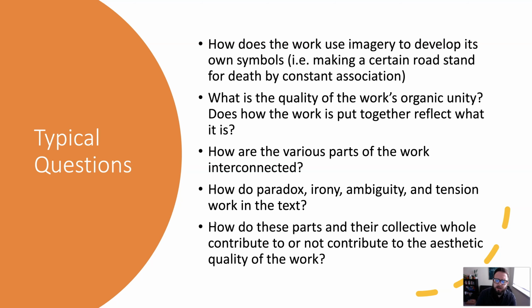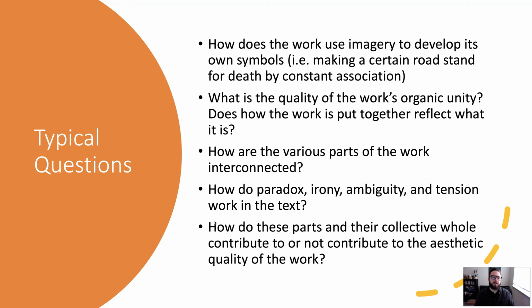So I have here a set of typical questions that the new criticism would generally tend to ask, and every time you see a typical question slide in one of these mini lectures, I'm pulling pretty much directly from the Purdue OWL's site on these various schools of criticism.